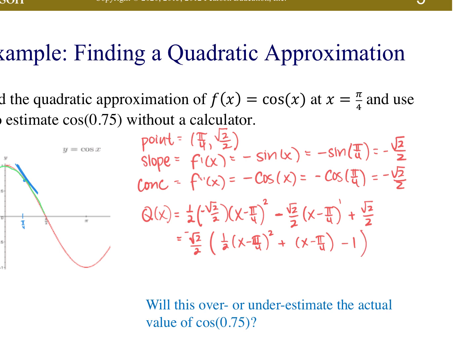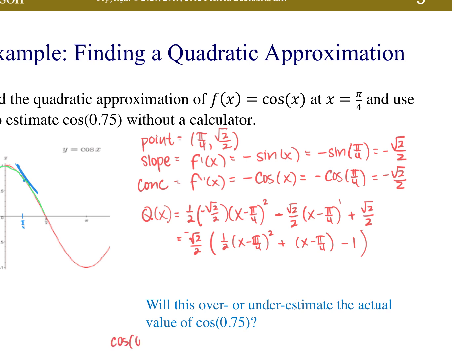Now we want to consider how accurate this new quadratic approximation is compared to the actual value. Unfortunately, we can't use the concavity because they share the same concavity, so that's not going to give us any advantage. So we really just do a direct comparison of how close they actually are.